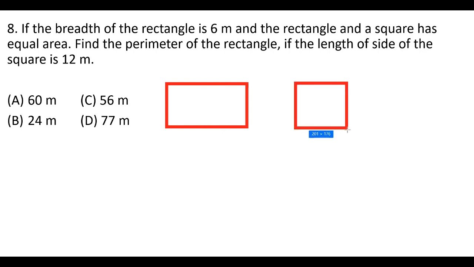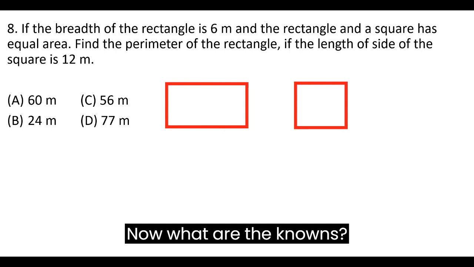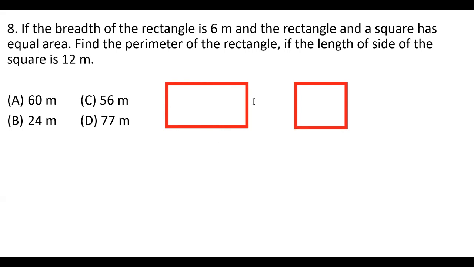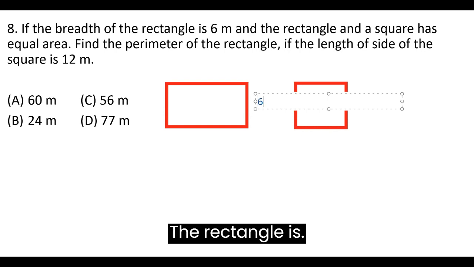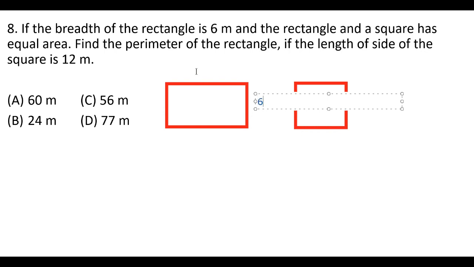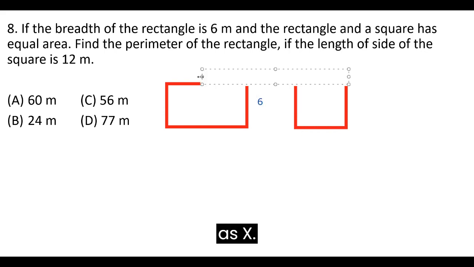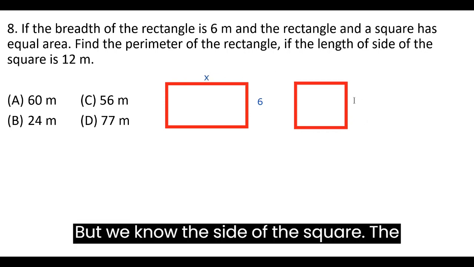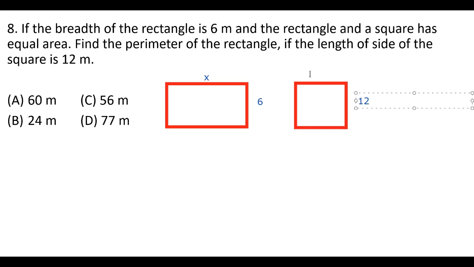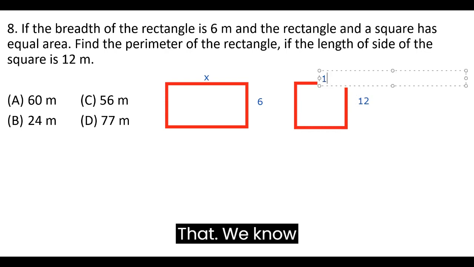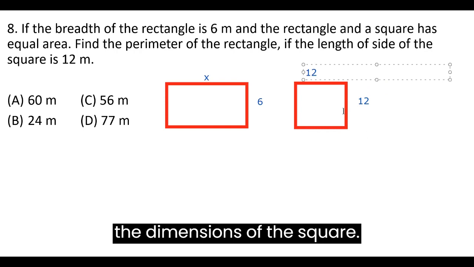Now, what are the knowns? The breadth of the rectangle is 6. We don't know the length, so let's put it as x. But we know the side of the square. The side of the square is 12. That means we know the dimensions of the square.